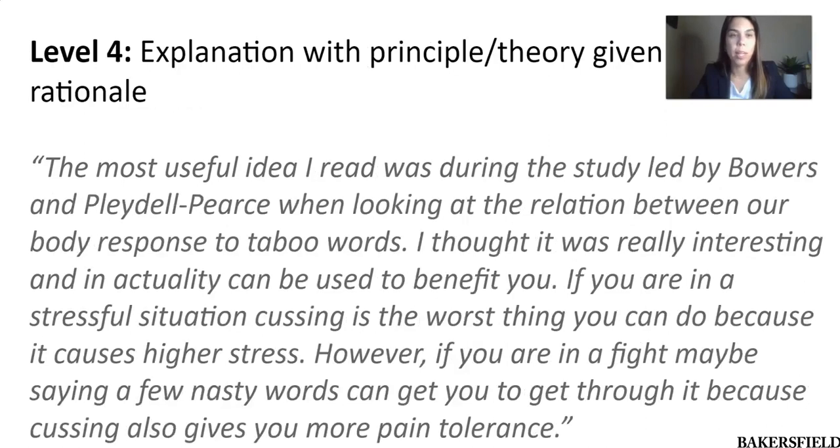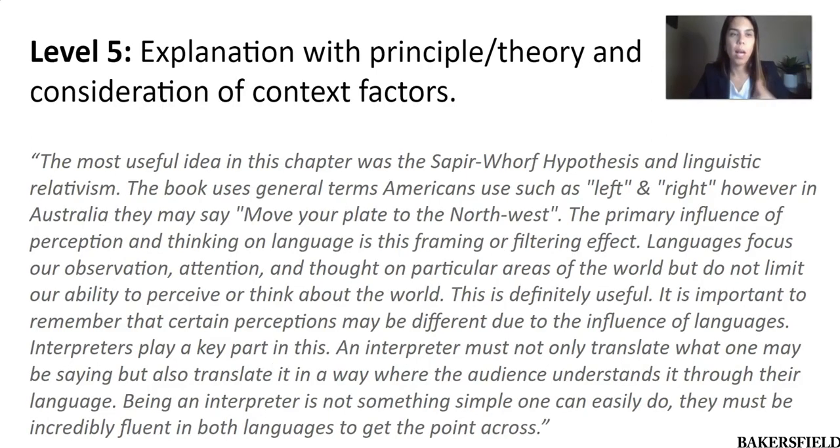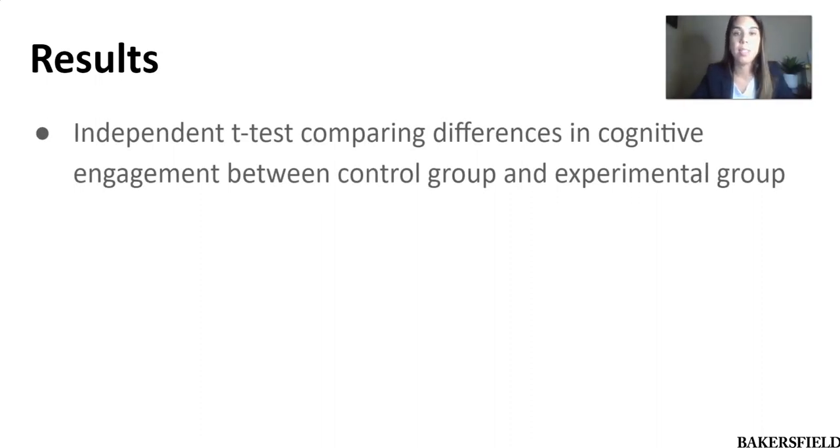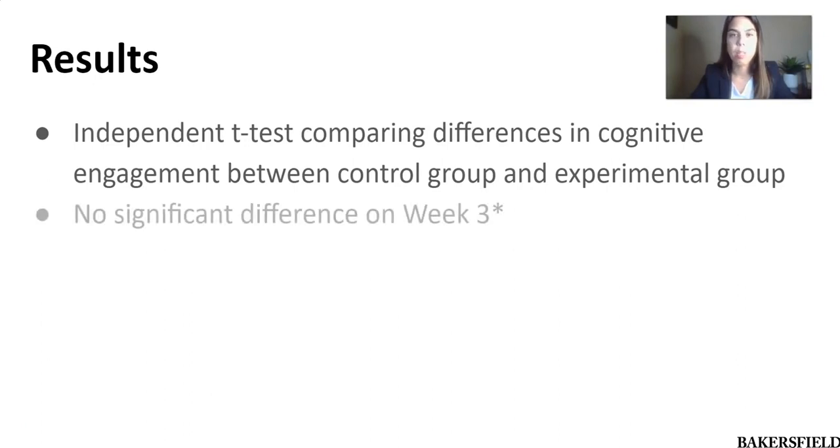So I went ahead and I coded all the postings. These are just part of the postings with the coding scheme for both the control group and the experimental group. And then after I did that, I input the data and I ran on SPSS a t-test comparing the differences in cognitive engagement between the control group and the experimental group.